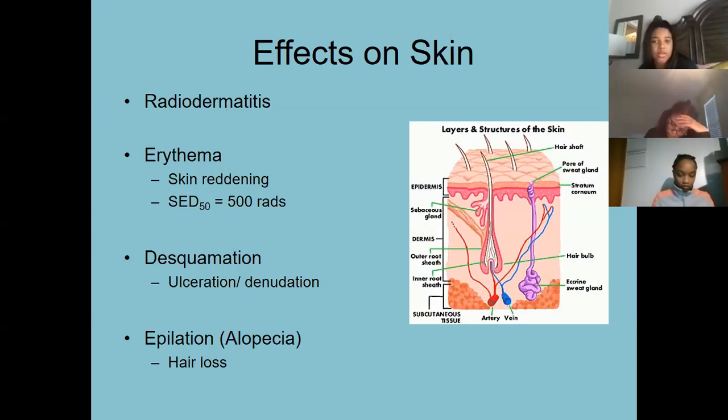Now, at higher levels of radiation beyond erythema, we get desquamation. Desquamation occurs when the outer layer of skin, the epidermis, literally starts to peel away. As desquamation worsens, we may also get ulceration. So what is an ulcer? What do we say an ulcer was?